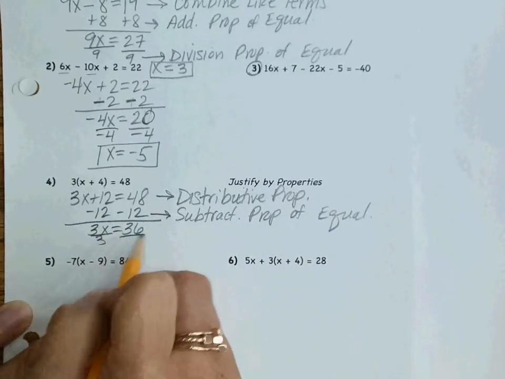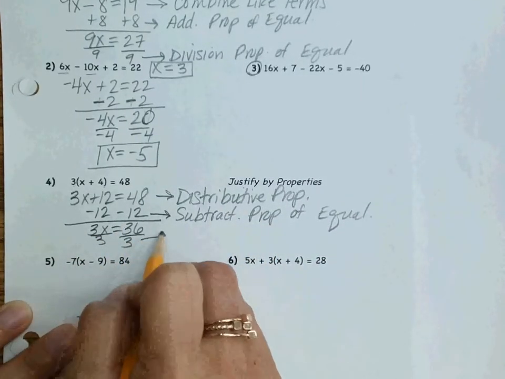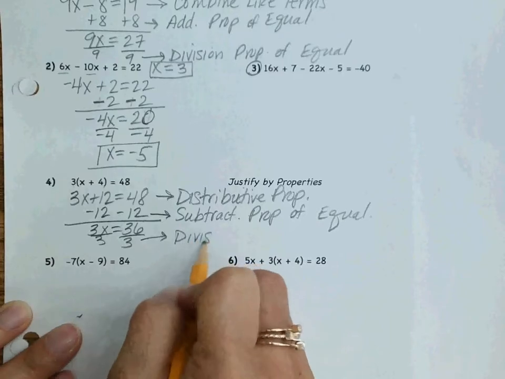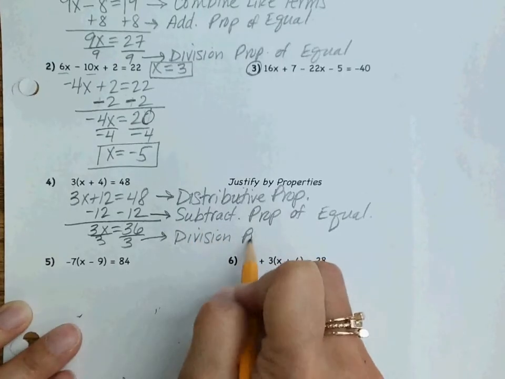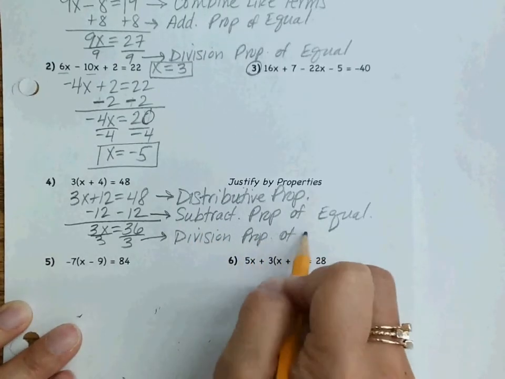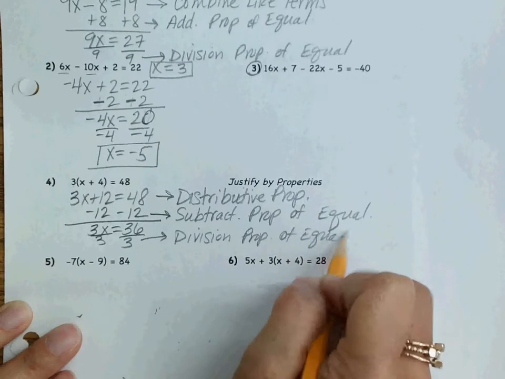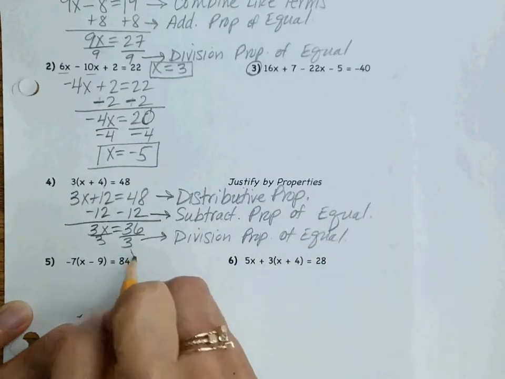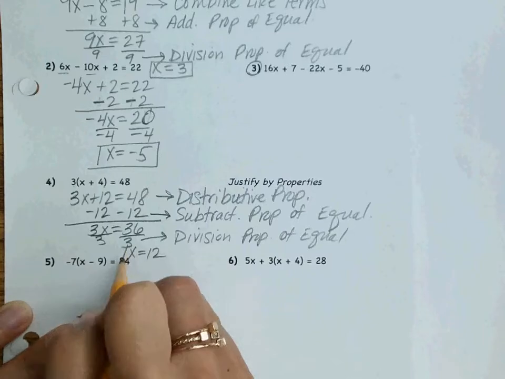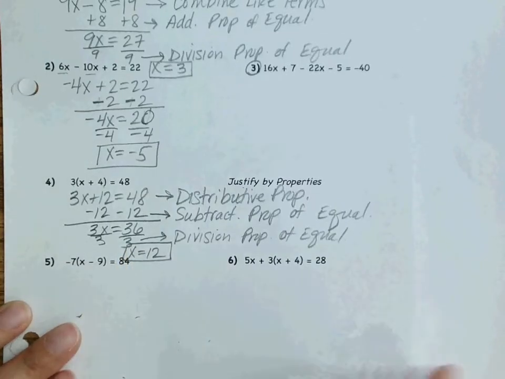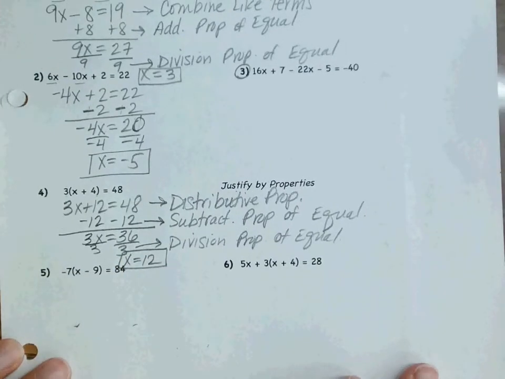Then we'll go ahead and divide each side by 3, and that's my division property of equality. And my last step is my answer, x equals 12. Okay? And that's it for problem number 4.